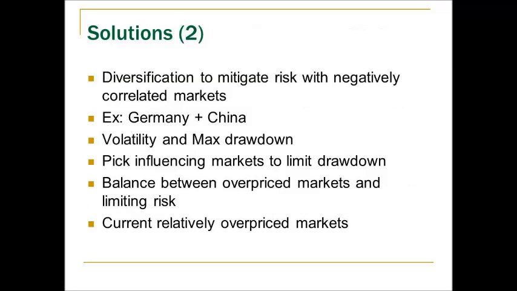So in principle, diversification is supposed to mitigate risk when you use negatively correlated markets. For example, if you take Germany and China as markets which are not exactly correlated and in the short term quite negatively correlated, then you have to check volatility and maximum drawdown.